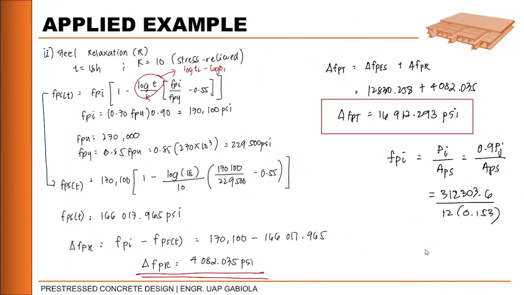That will be 170,100, our FPI. So don't be confused: load is in terms of force, and stress is that force divided by the area. Okay? So that is our first part.